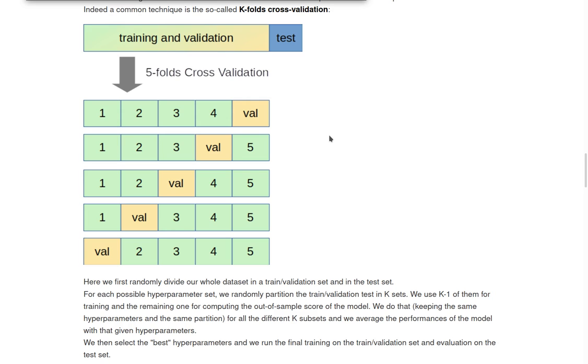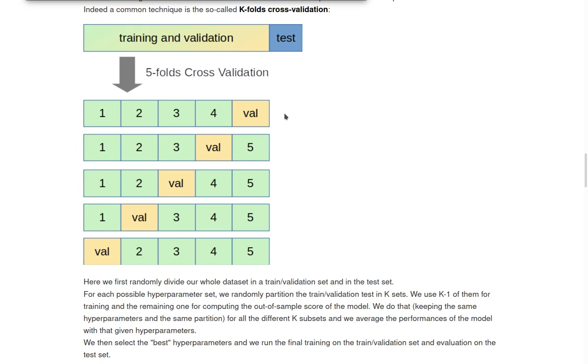Here we'll have another error, here another error, and so on. And then we can compute the average and the standard deviation of the error for that specific hyperparameter combination.